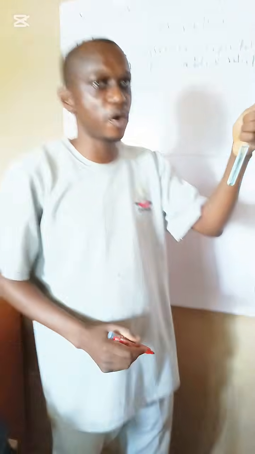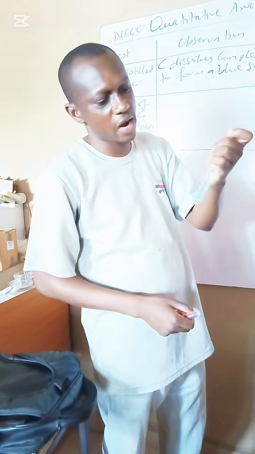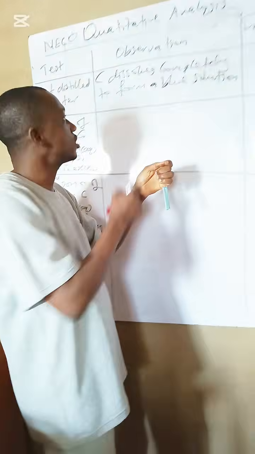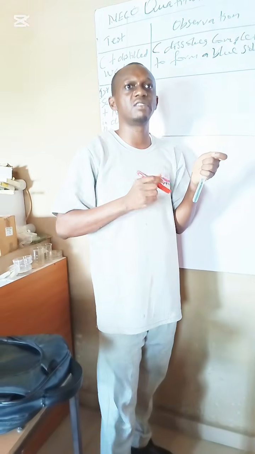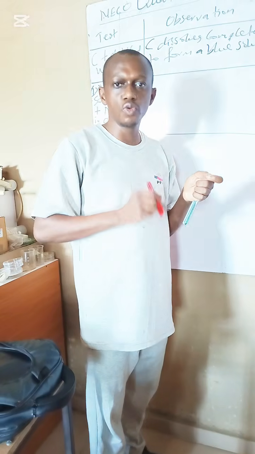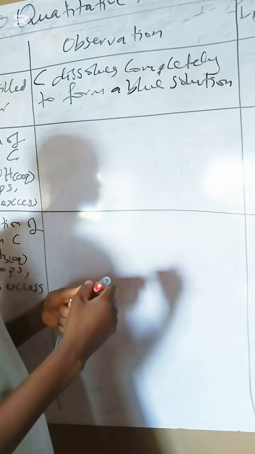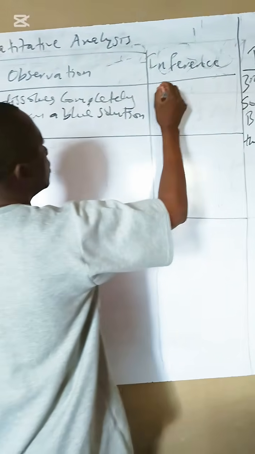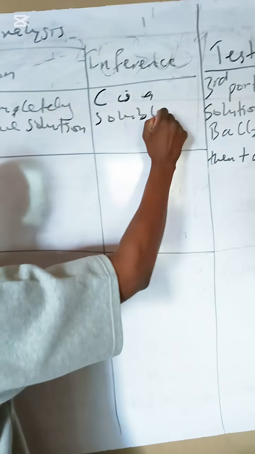Now, once this forms a blue solution, the inference we have to give is that, the reason why they say we should dissolve it in distilled water is to know whether the salt is soluble or not. Now we have observed that it is soluble, so that's why we have the observation of C dissolved completely to form a blue solution. So we now say C is a soluble salt.